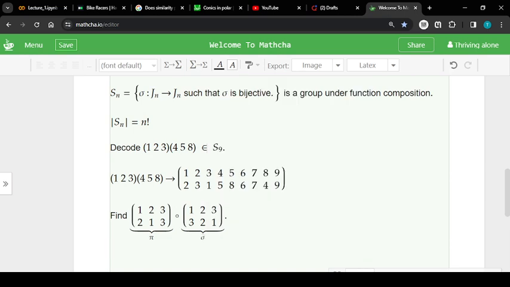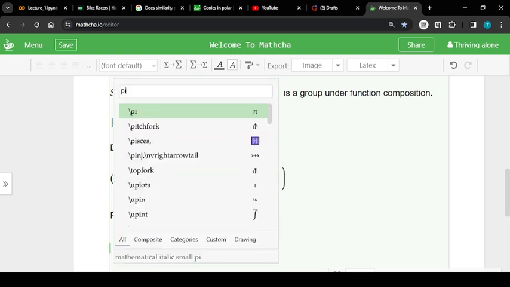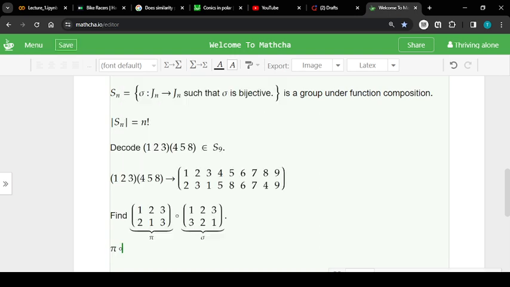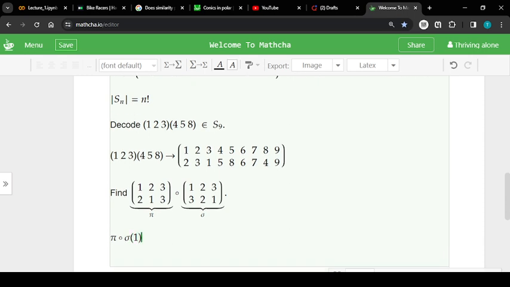We are just attempting to find pi of sigma. That's what we are trying to find. How do we find this function? You have to evaluate this function at different points. First we will evaluate it at 1.